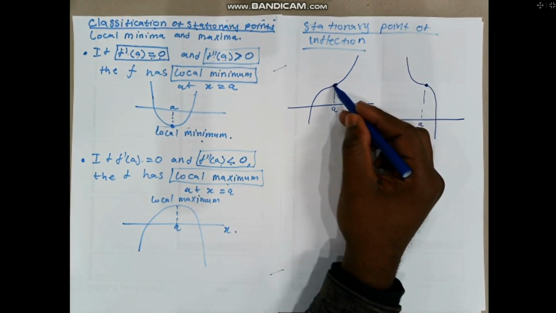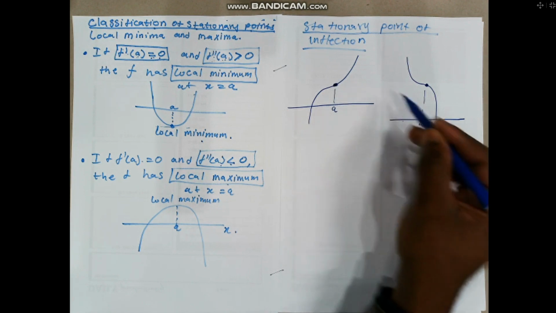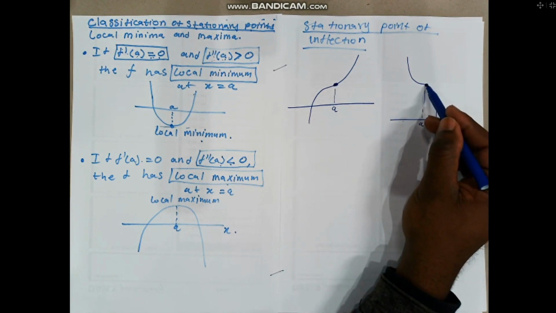We call this a stationary point of inflection. Why? Because it is neither a local minimum nor a local maximum. It's just a stationary point. There is no maximum here, there is no minimum here.